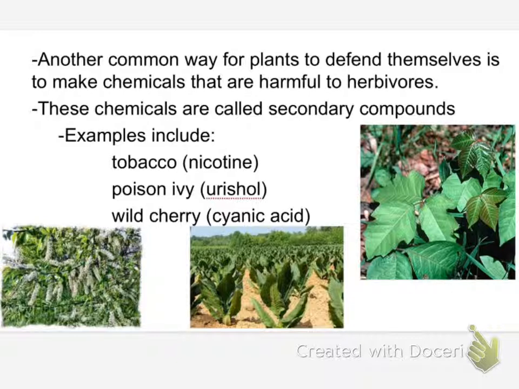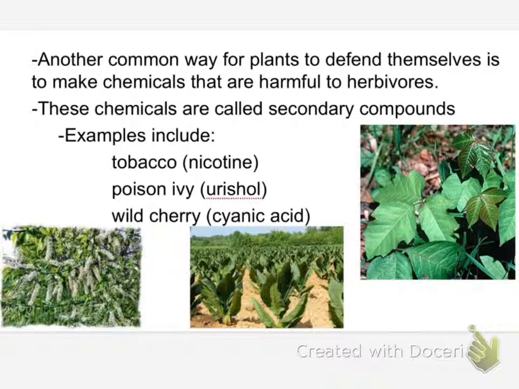Tobacco has this crazy chemical called nicotine. And if you chew on tobacco leaves, it'll make your mouth tingle and burn. It's a defense mechanism. A lot of herbivores won't eat tobacco leaves because it makes their mouth numb and burny and tingly and weird.